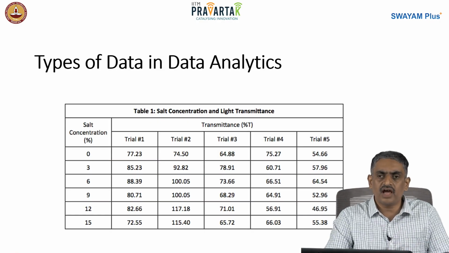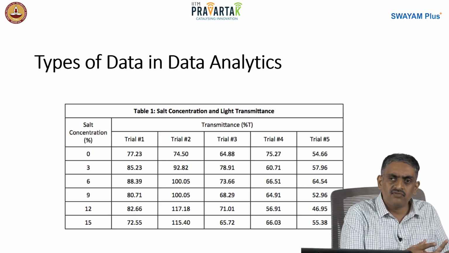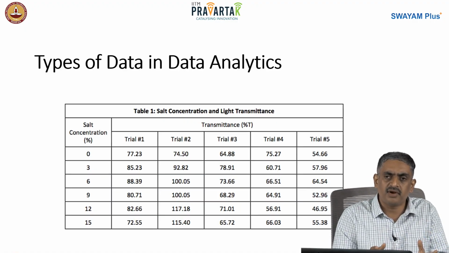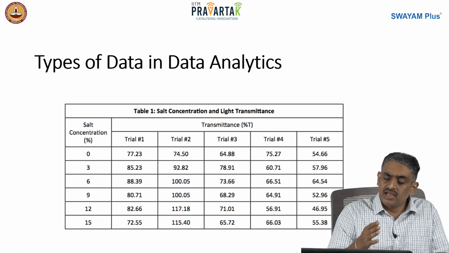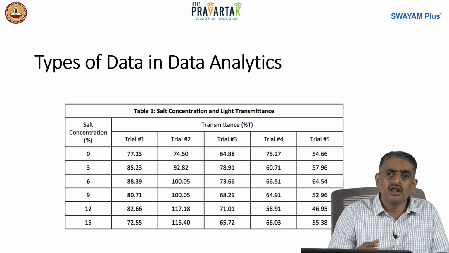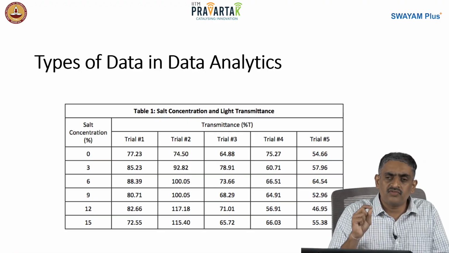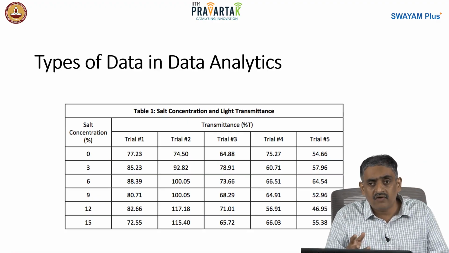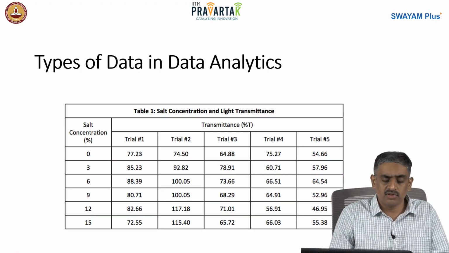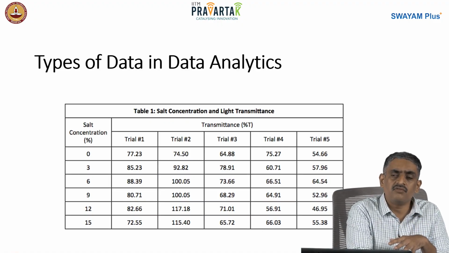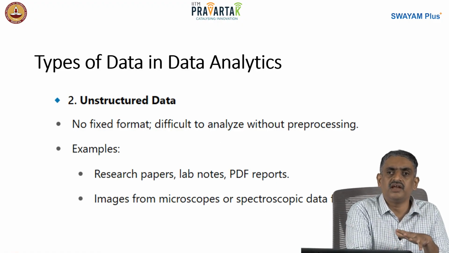There is a graph available, and since the data is in a tabular format, we can plot that. We could do many things, including creating a table, predicting, finding differences, and spotting outlier values. All these things would be possible from now on. That is the first type of data, which we call structured data.